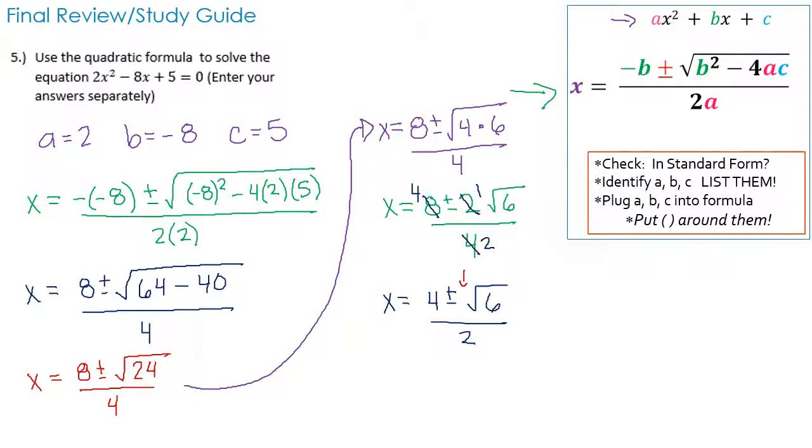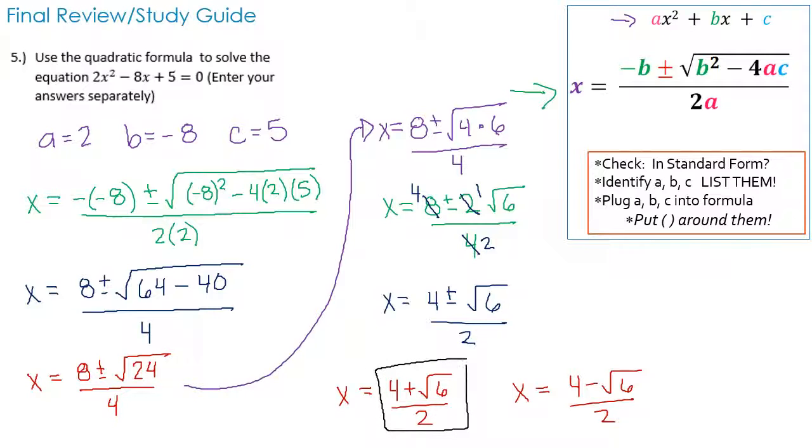We can't reduce anything underneath that radical, so we simply enter our answer separately. So we have x equals 4 plus square root of 6 all over 2, and then x is equal to 4 minus square root of 6 all over 2. And we have solved using the quadratic formula.